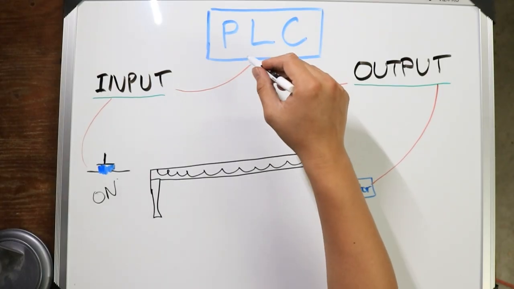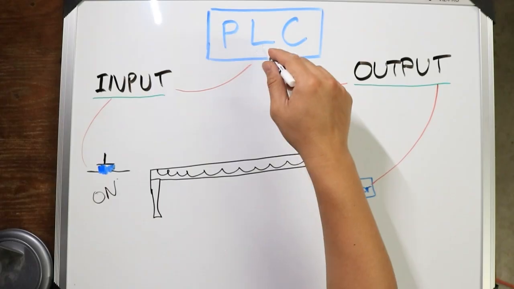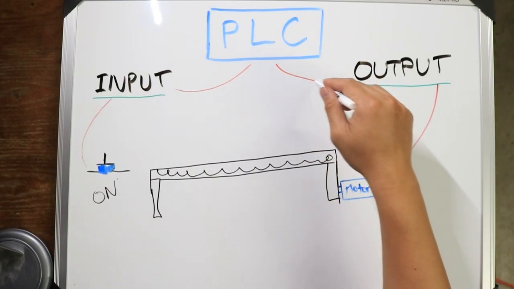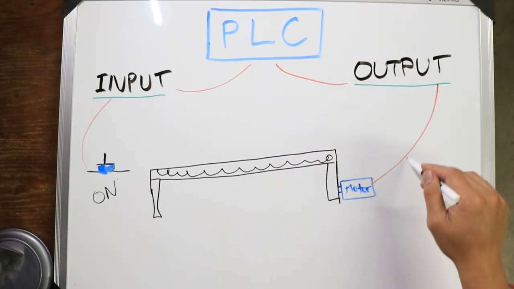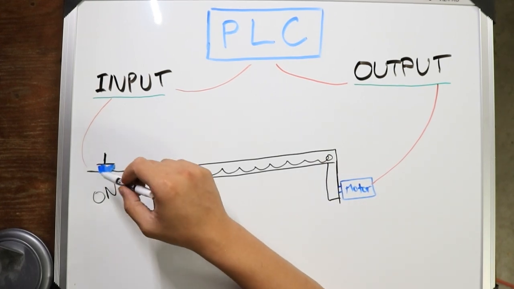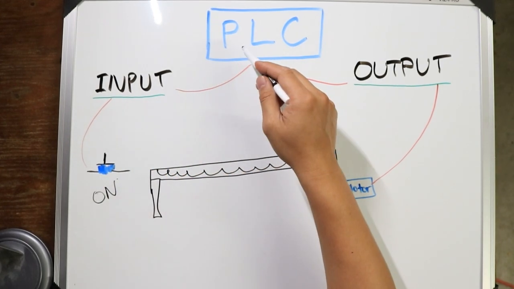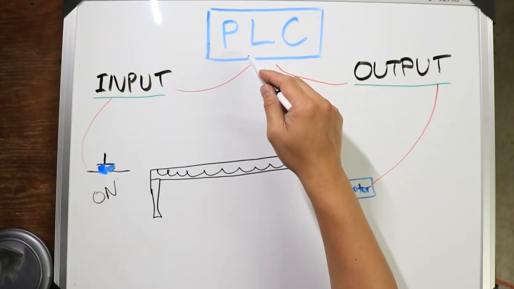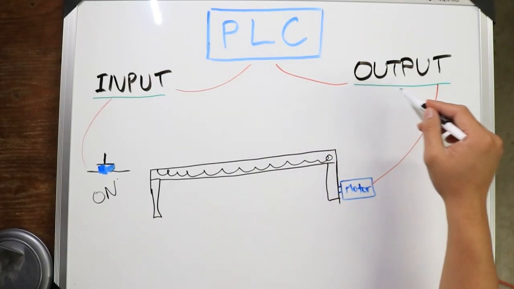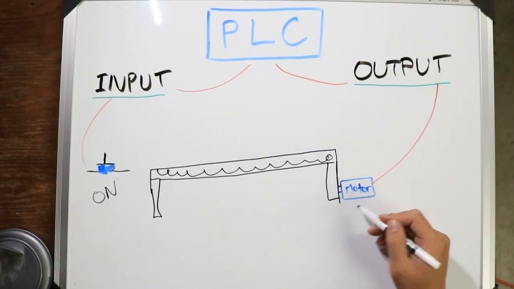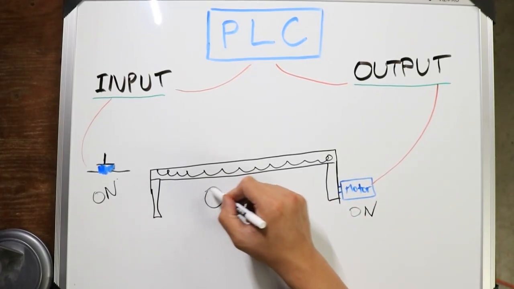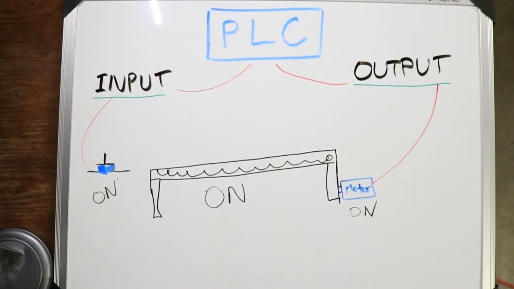And the state has changed, so it reads, oh, now that it's on, based on what I was programmed to do, I have to send a signal out to tell the motor to turn on. So once this button is pushed down, the PLC receives that on signal. Then after that, the PLC will send an output signal, which will turn the motor on, which turns on the conveyor. Now the conveyor is on.